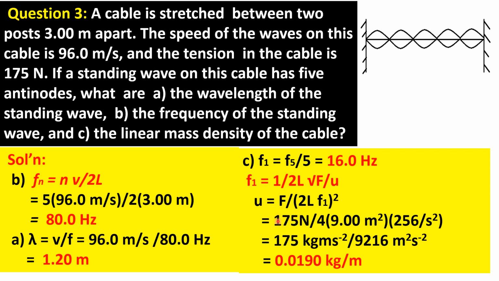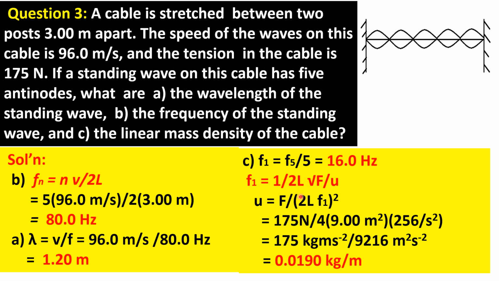We first write down the value of F, which is 175 newtons, and then get the square of 2L F1, where of course the length of the cable is given, equivalent to 3.0 meters. That's the distance between the two posts. So that is the length of the cable. Getting the square of that length, that's how we got 9.00 meters squared.